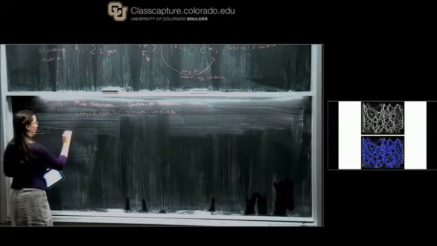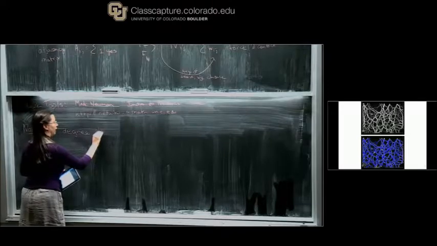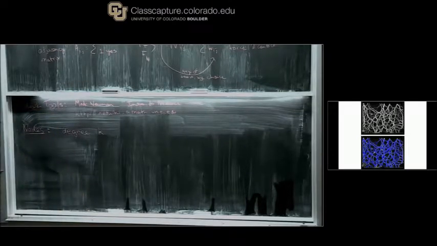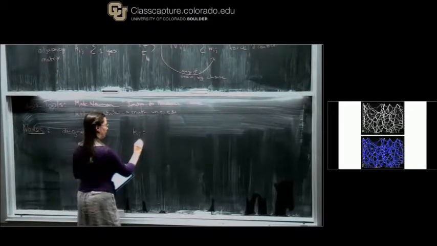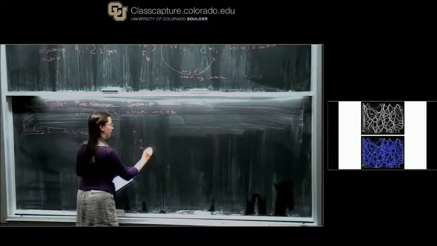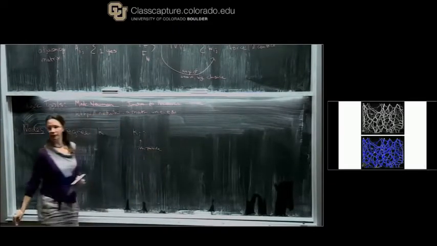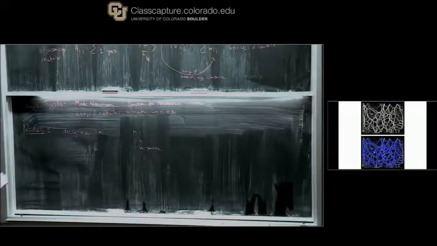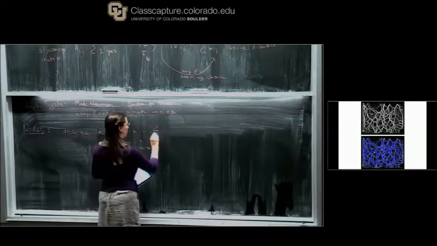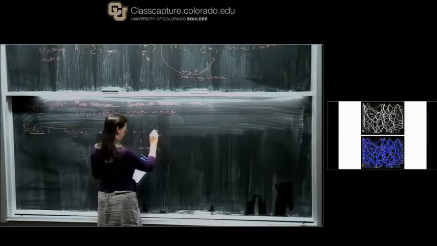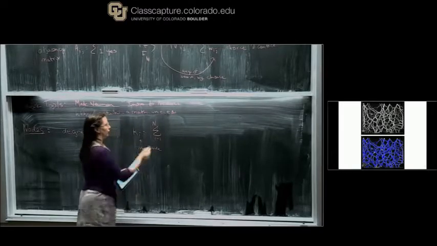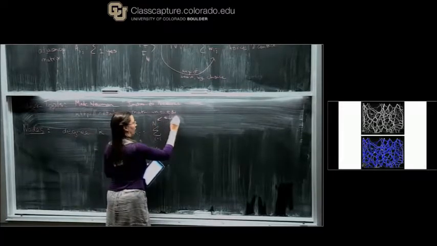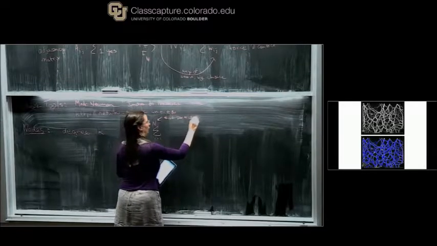So one is something called the degree, but the network scientists call the degree K. So for the ice particle, whenever I'm doing stuff up here that's about a single particle, we'll have a subscript I. And you're just going to sum over all of its, the whole number of particles.